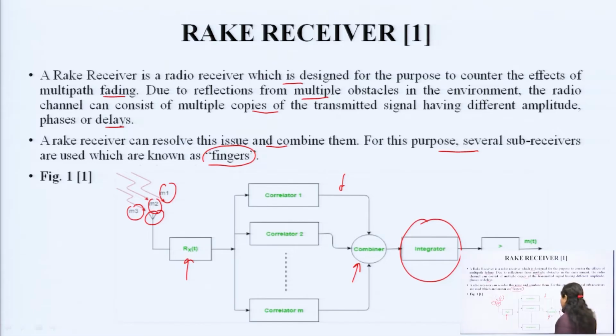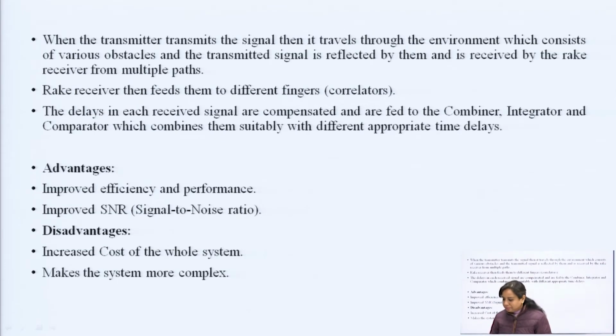Then there is a decision making device with a greater than or less than sign, which checks whether the output of the integrator is greater or less than a particular threshold value. Then we can say that yes, this signal is received properly. So, this is the introduction of the rake receiver.